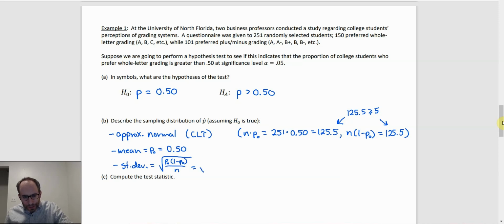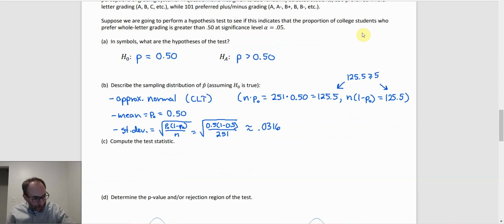So that's going to be the square root of 0.5 times 1 minus 0.5 over 251, which to 4 places works out to be about 0.0316. That's a terrible looking 3. It's about 0.0316.